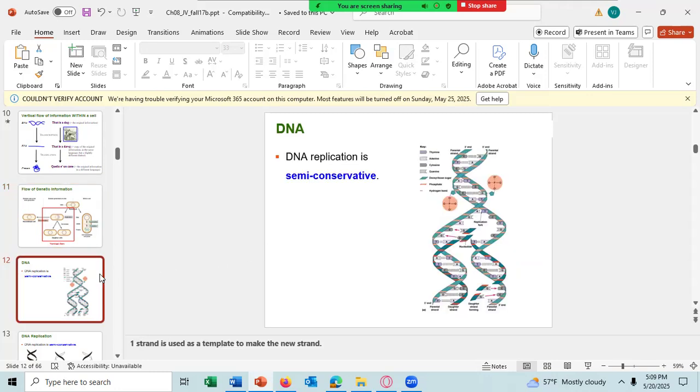How that happens is the DNA molecule, which is double-stranded, becomes single-stranded, and then one strand is used as a template to make the other new strand, which is the same as the strand over here. And let me blow this up so I can show it a little better.